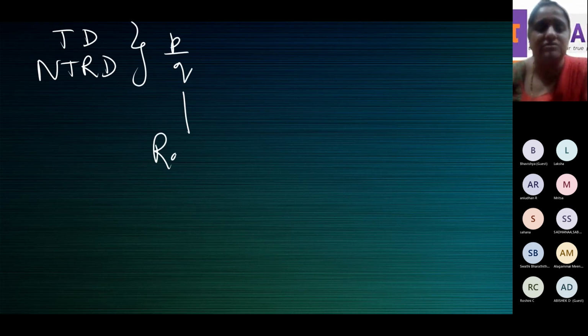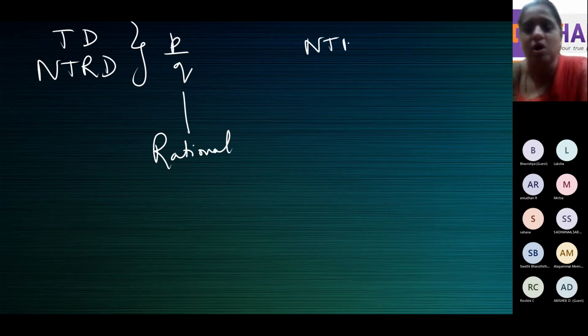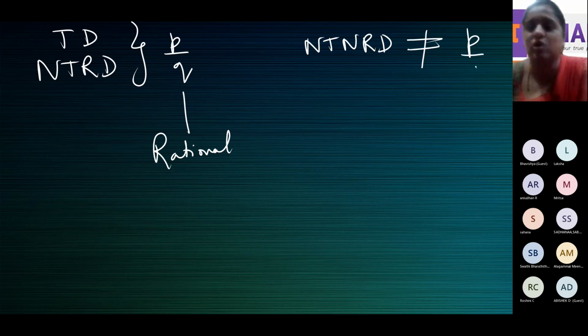So you should be very careful while classifying as rational or irrational. If it is a terminating decimal or a non-terminating repeating decimal, both of them have a P by Q form, so both are rational numbers. If it is a non-terminating, non-repeating decimal, it does not have a P by Q form, and hence it is irrational.